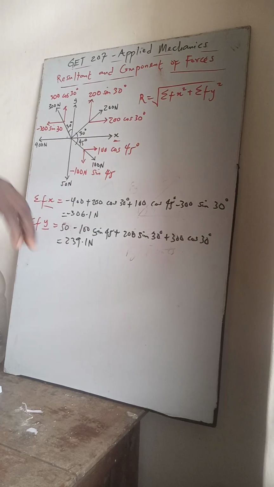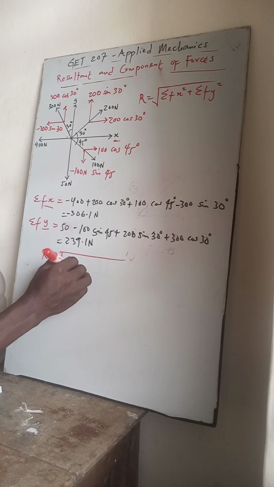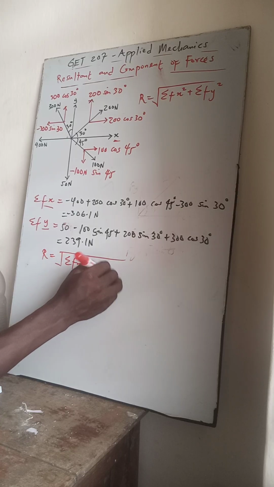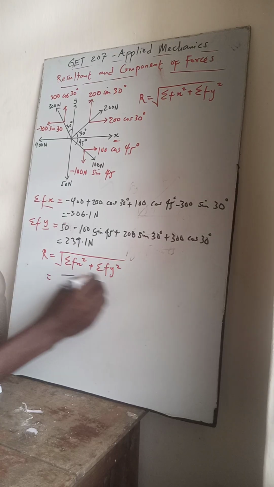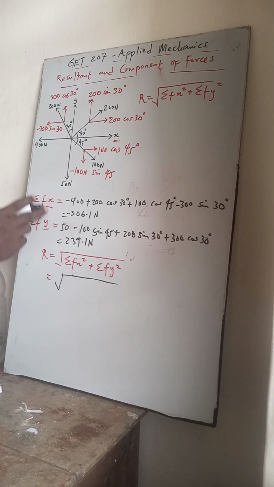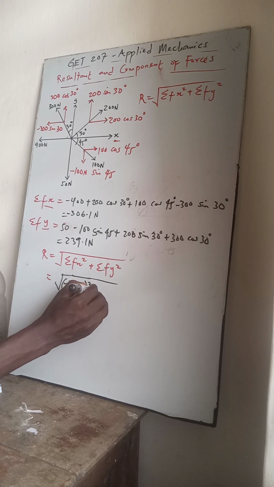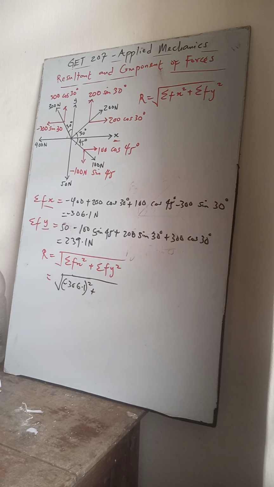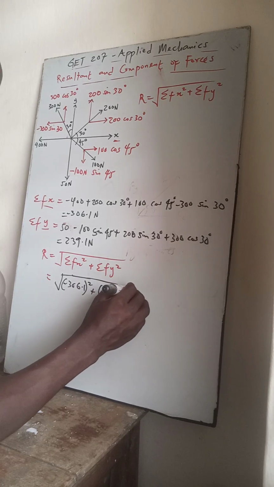So what do we do next? We now apply this formula. We already said R, the resultant, is equal to the square root of summation Fx squared plus summation Fy squared. So you bring it in there: minus 306.1 squared plus 239.1 squared.